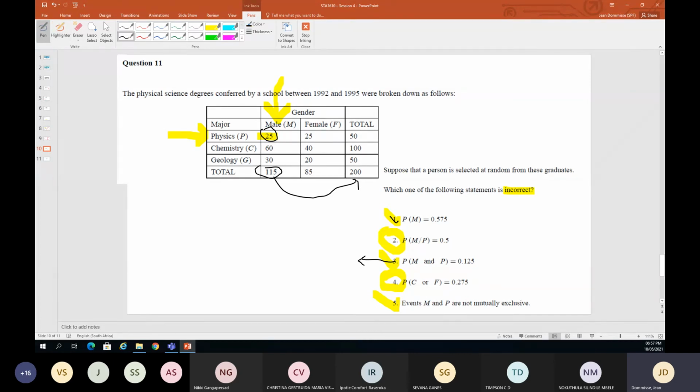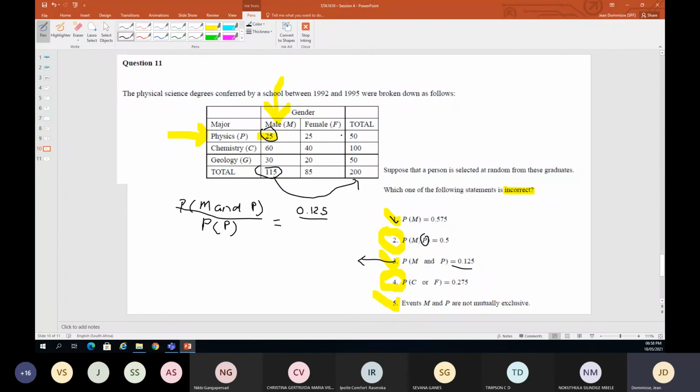So probability of M given P. So the probability of M given P is probability of M and P divided by the probability of the last one, which is P. Okay, so the probability of M and P was 0.125. So we can use what we have already done.